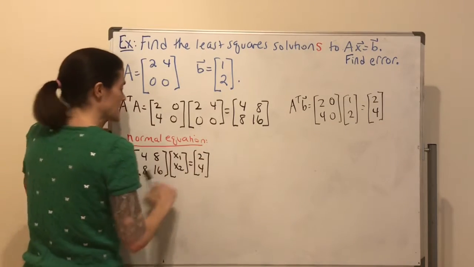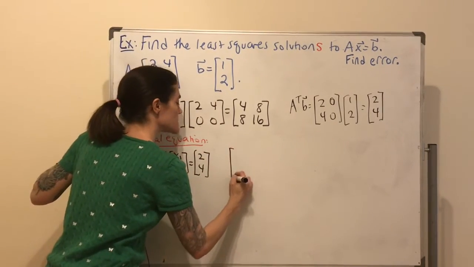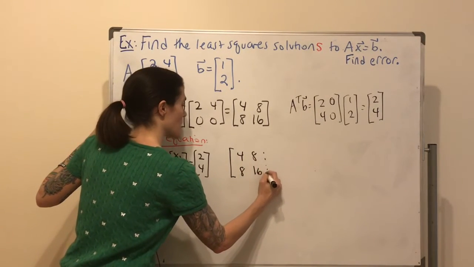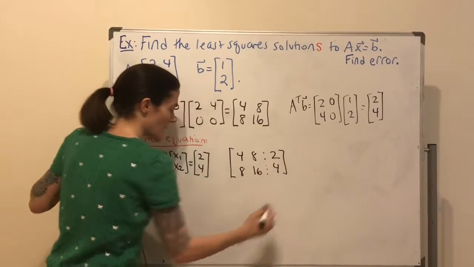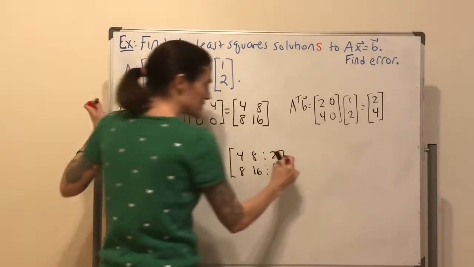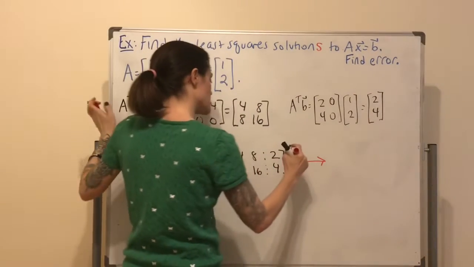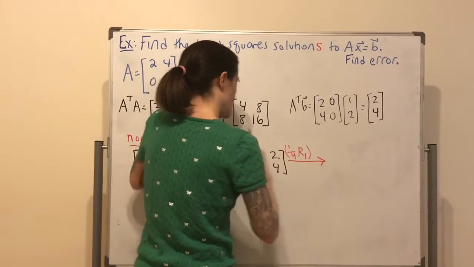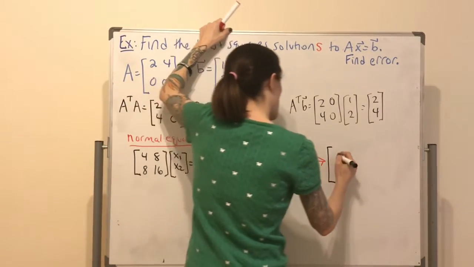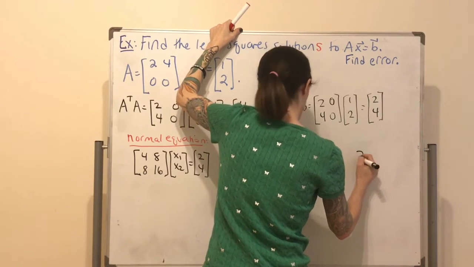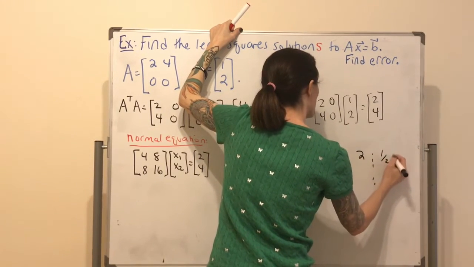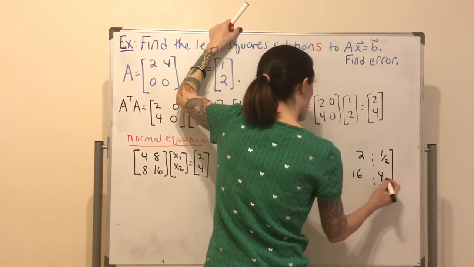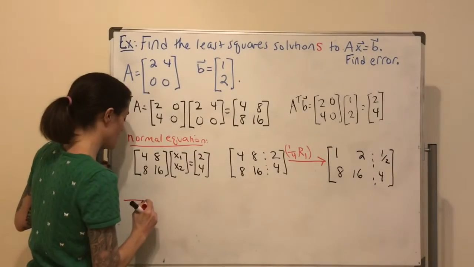But we can definitely solve this just how we started the first week of class. We form the augmented matrix and we perform elementary row operations. I'll take 1/4 row 1. Then I get 1, I get 2, a half, and then this is still 8, 16, 4, and one more I will do here.